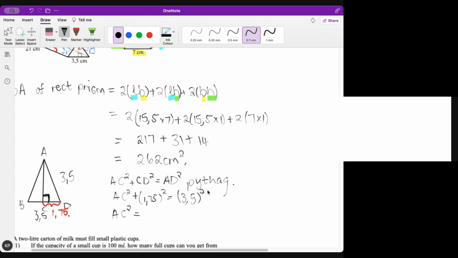What's 3,5 squared? 12,25, minus what's 1,75 squared? 3,0625.